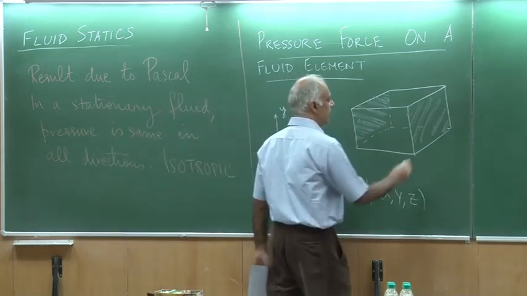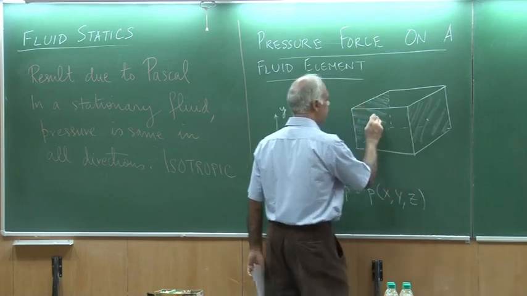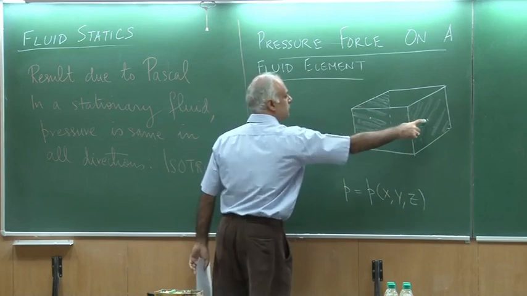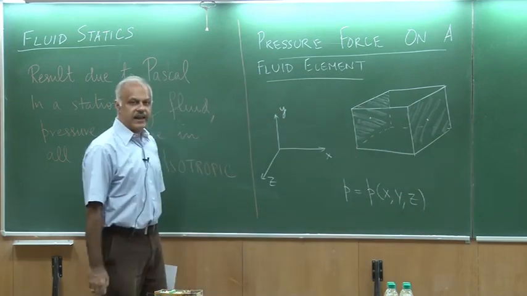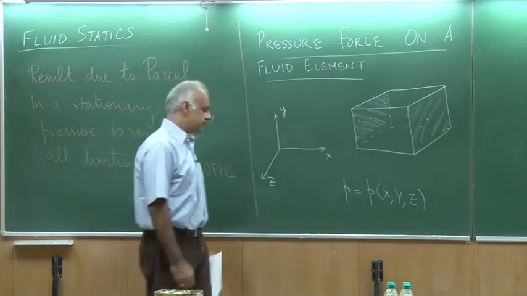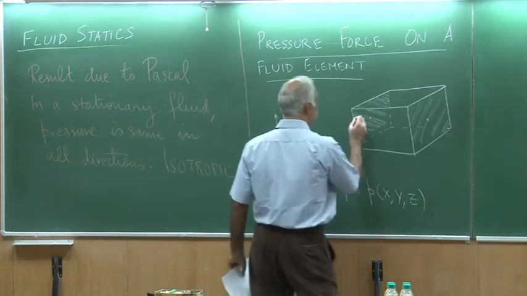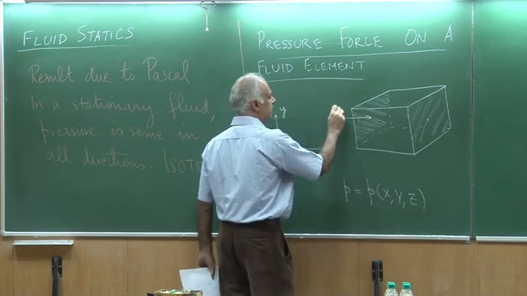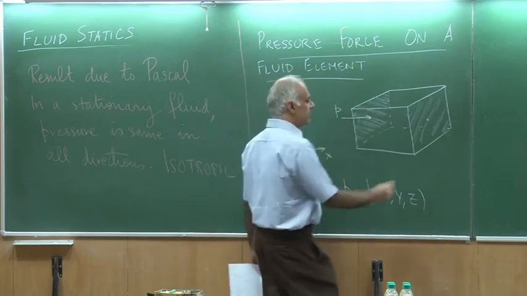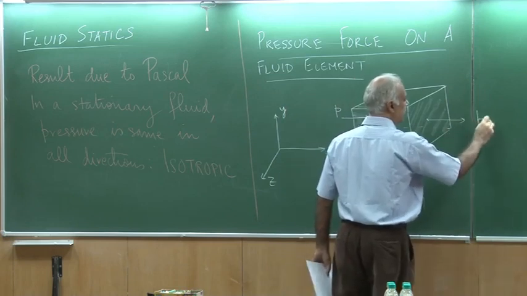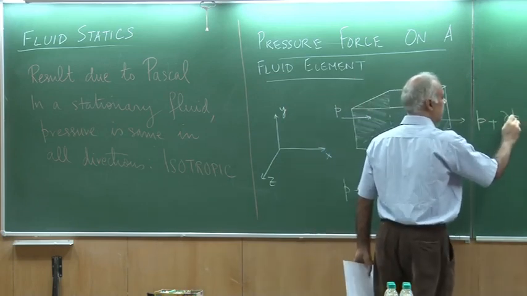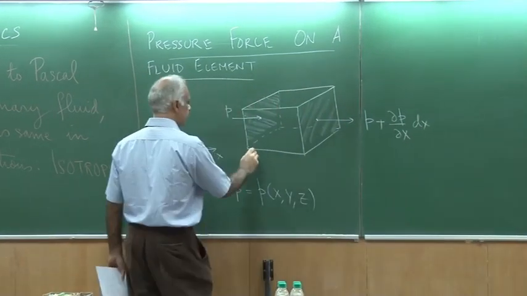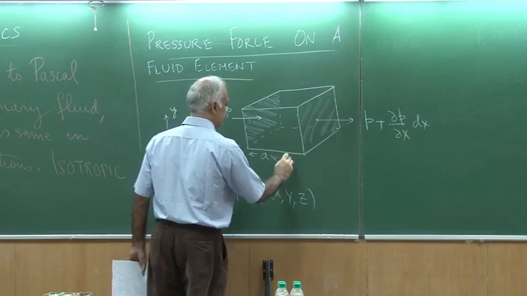All right. So suppose I look at the pressure at this point and I look at the pressure at this point, and the only difference between these 2 points is that they have different x, but y and z are the same. So I am going to assume that pressure on this face, which is normal to this face, is P. But on this face, the pressure is P plus del P by del x times dx, where this length is dx.